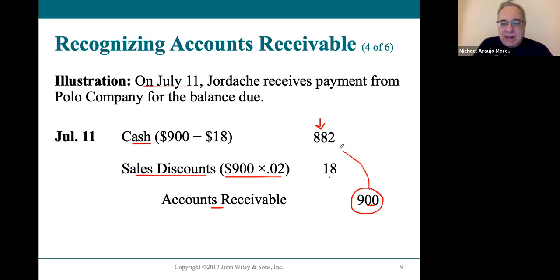One of the things that can happen is there could be discounts involved, so that $900 ends up being only $882, right? And of course, it's quite possible that this other company could have been affected by the coronavirus and gone out of business and unable to pay. So a lot of things can happen with receivables, making it a very interesting account to get to know more about.